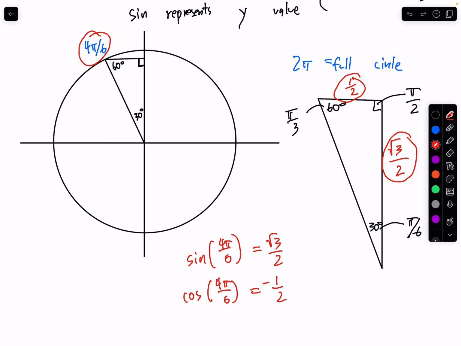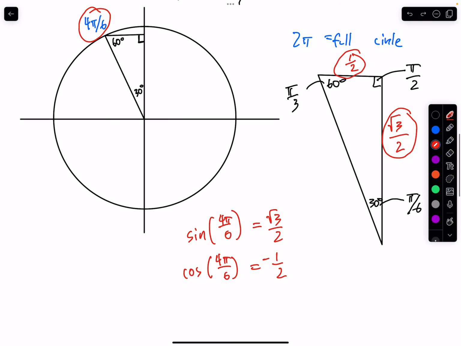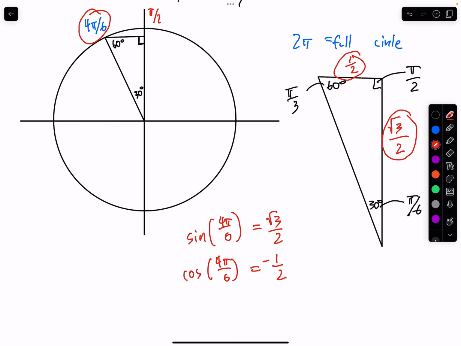Okay, so the other pi over 6 intervals can bring you to the straight up and down or the straight left and right. But those are easy because if you're straight up and down, then you're right at the radius. That makes the length 1. And if you're looking at left and right, it makes it 0. So for instance, if this is pi over 2, right?